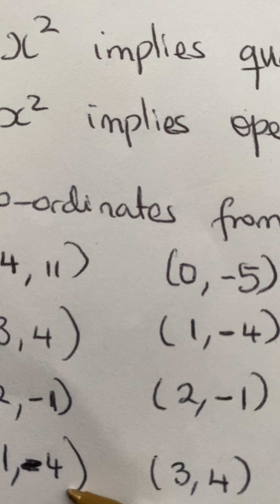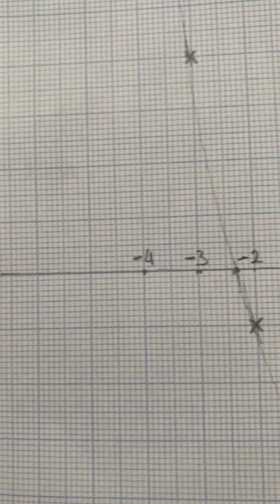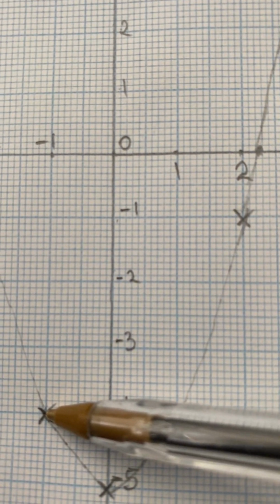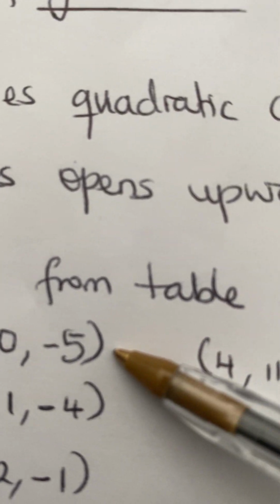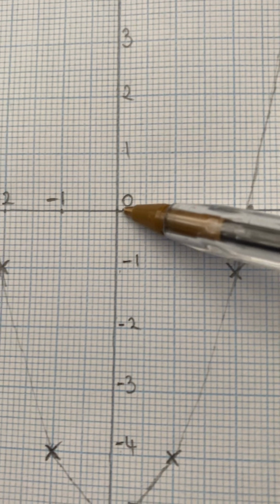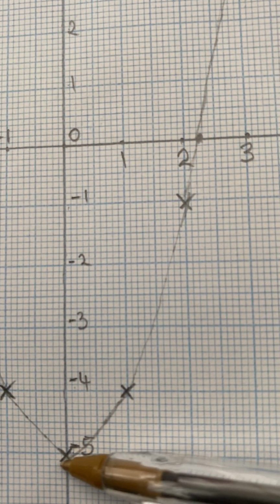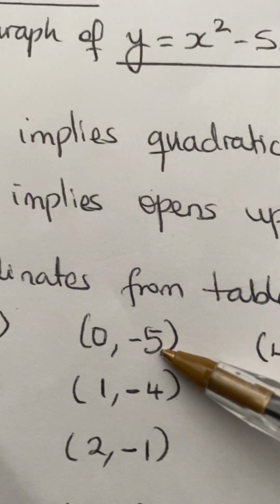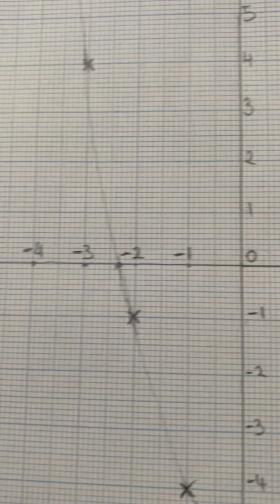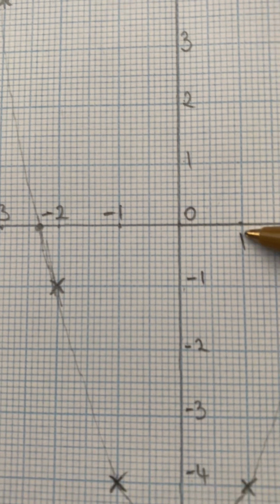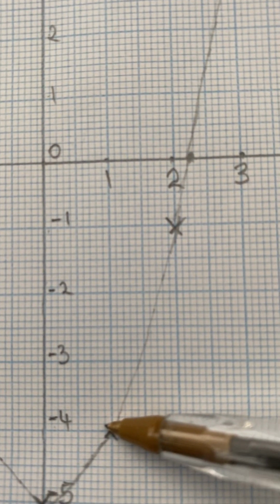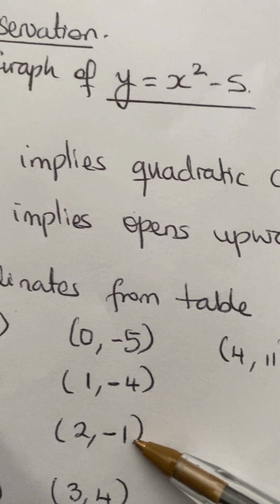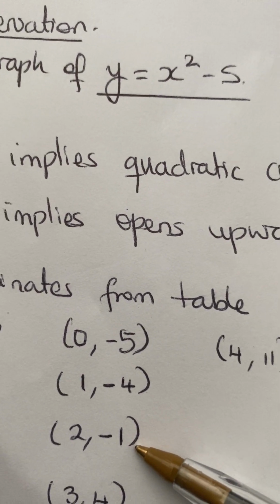-1, -4. 0, -5. So 0, -5. 1, -4. So +1, -4 there. 2, -1.